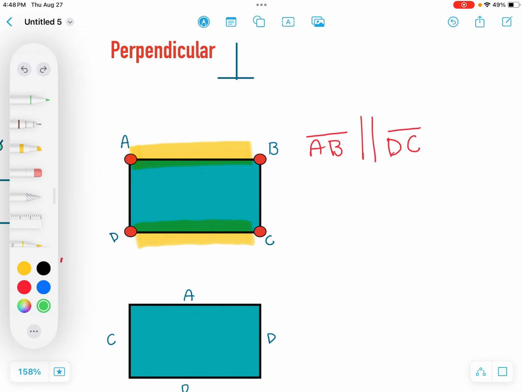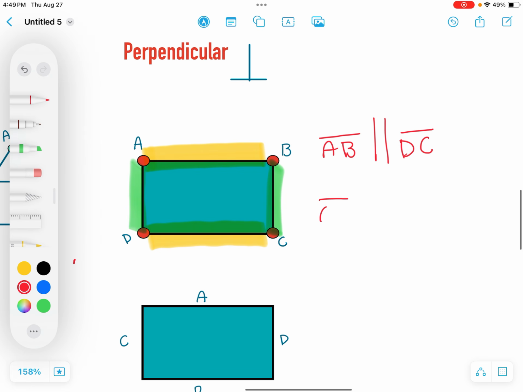If I wanted to look at these two sides right here and say that these two sides are parallel, then we would say side AD is parallel to side BC. That's talking about these sides right here. Now what if we wanted to talk about perpendicular?